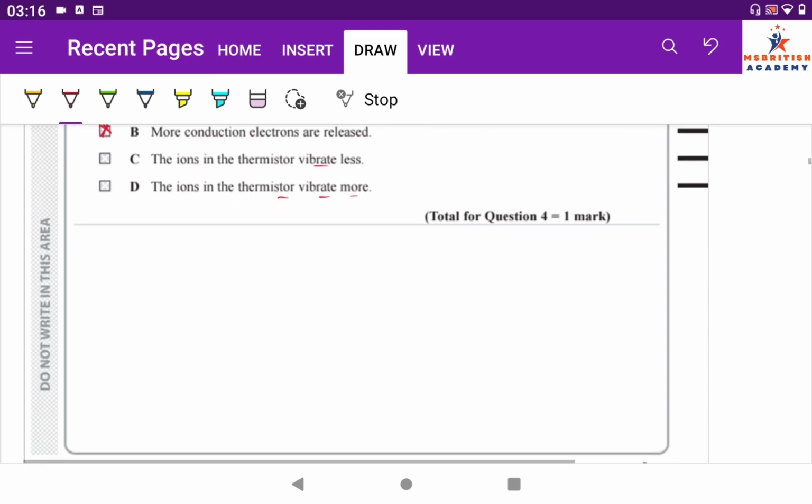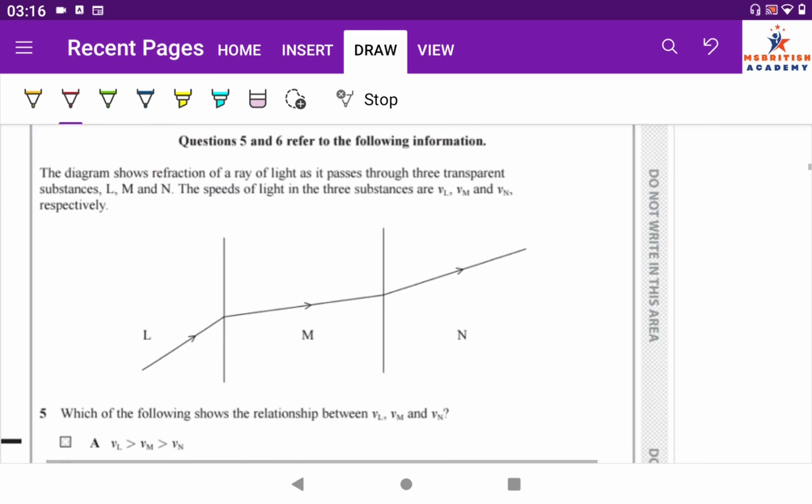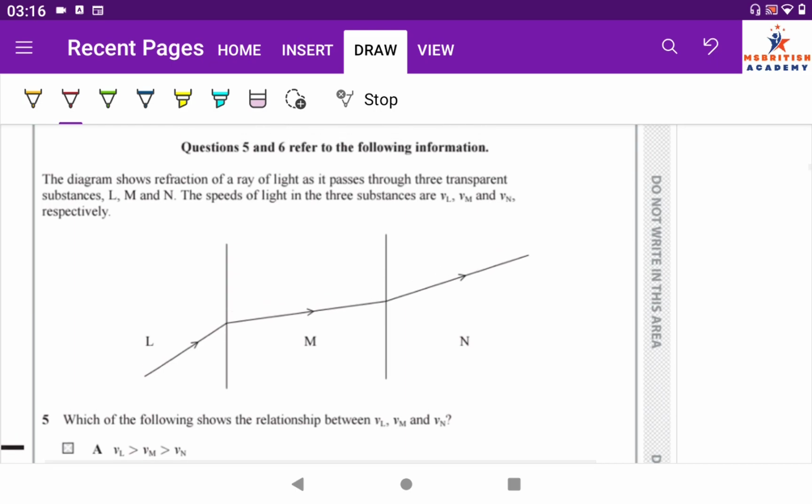So you can mark B as the right answer for question number 4. Okay, question number 5. You can refer to question number 5 and 6 for the following information. The diagram shows refraction of light as it passes through the three transparent substances L, M, and N. The speeds of light in the three substances are VL, Vm, and Vn respectively.